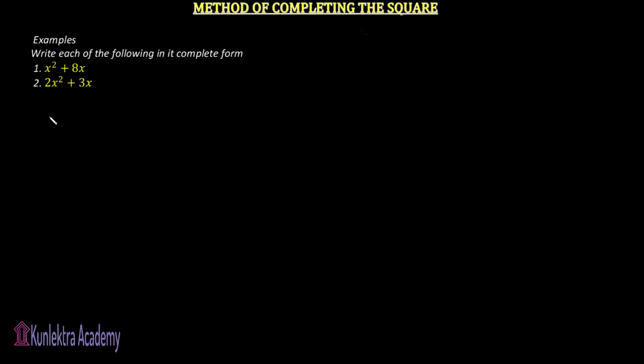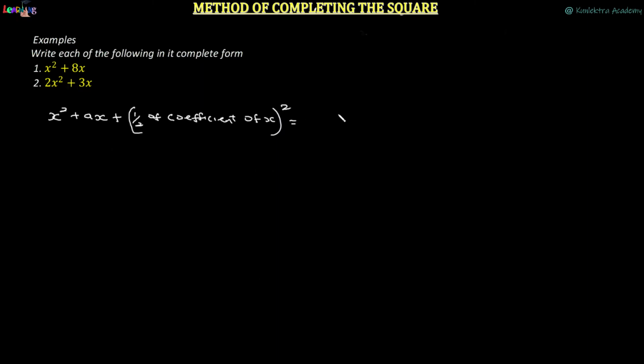Now from my explanation, when you have x squared plus ax, what is needed to be added to this incomplete form is half of the coefficient of x all squared. To make it a perfect square, when you factorize it, you will have x plus half of the coefficient of x, all squared.